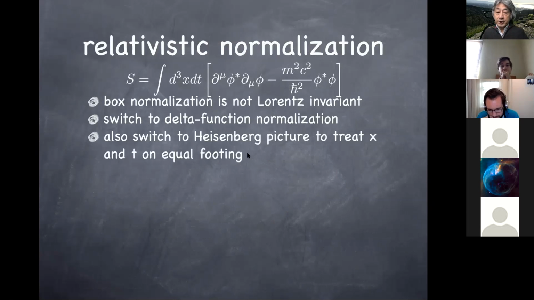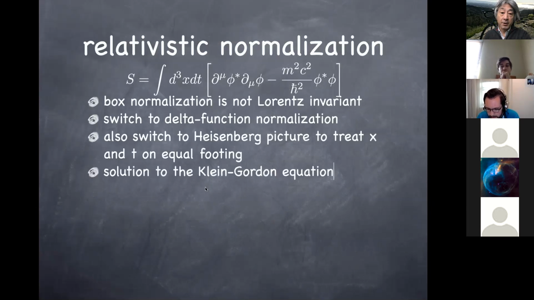The Heisenberg picture has this advantage that you can now treat space and time on equal footing, because if you look at the field operator phi in the Heisenberg picture, it does depend on time. On the previous slide, we had to expand phi and phi dot as independent degrees of freedom using mode expansion because we assumed the Schrödinger picture, where phi doesn't have time dependence.